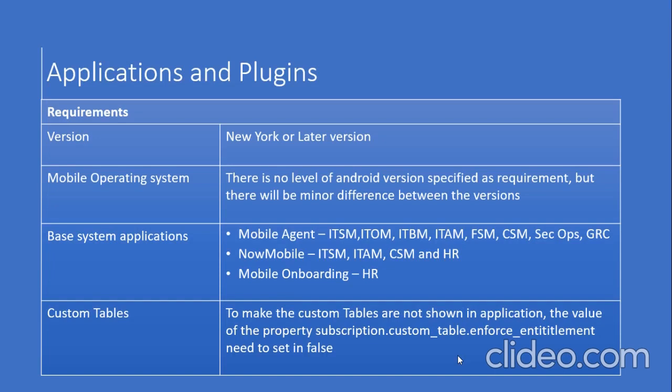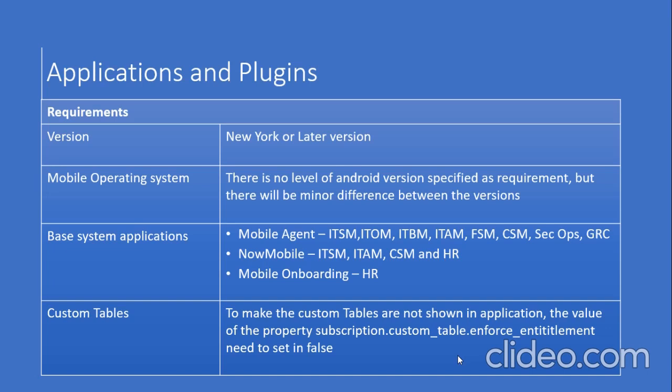In Mobile Agent, we can configure almost all the modules, for example ITSM, ITOM, operation module, business module, access management, and field service management. In Now Mobile, we are able to configure only four modules, and Mobile Onboarding is mainly focused on the HR operations, so we are able to configure the HR module only.